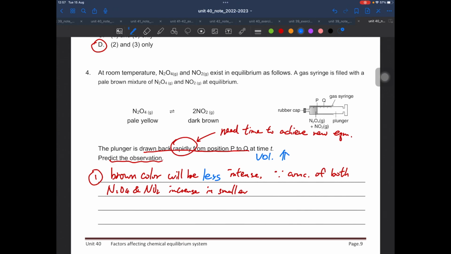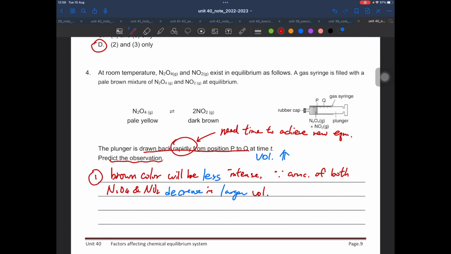From P to Q actually is volume increase. Okay, so brown color will be less intense because concentration decreases as in larger volume.